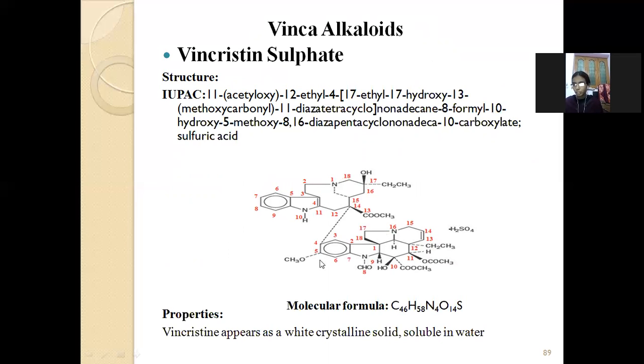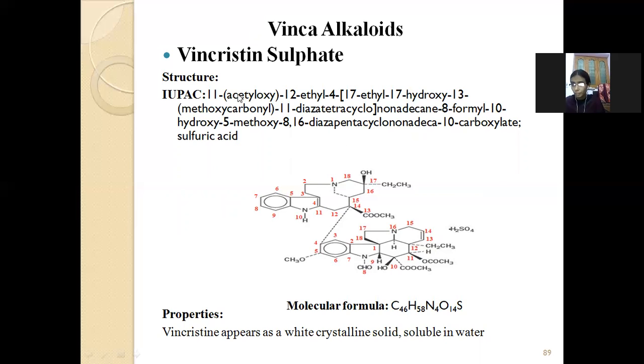This is the structure of Vincristine sulfate. The IUPAC name is 11 acetyloxy, 12 ethyl, 4 17 ethyl, 17 hydroxy, 13 methoxycarbonyl, 11 diazotetracyclononadecane, 8 formyl, 10 hydroxy, 5 methoxy, 8 16 diazapentacyclononadecane, 10 carboxylate sulfuric acid.